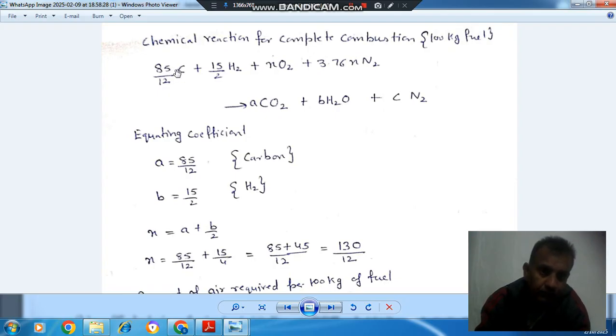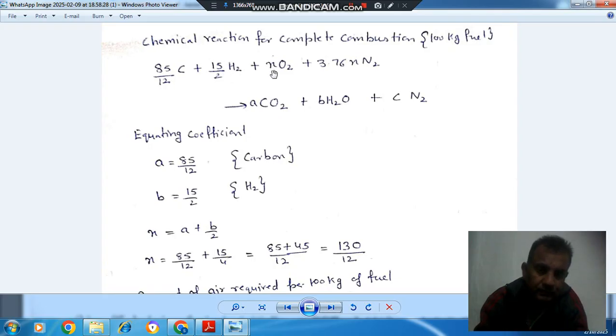Similarly, moles of H2 will be 15 by 2 because the atomic mass of carbon is 12. That's why we have divided by 12 to calculate moles. And here also the atomic mass of H2 is 2, so we have divided 15 by 2 to calculate its mole. Plus X H2O, X O2 plus 3.76 X N2.